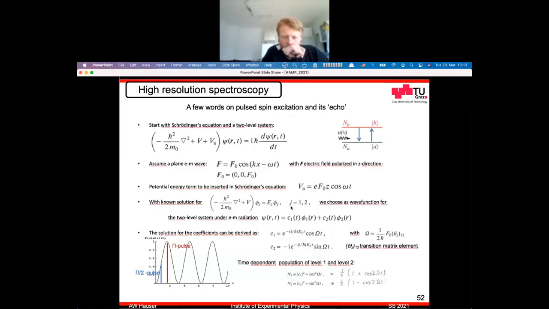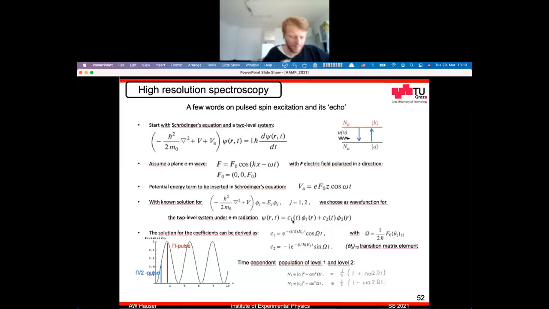And what you can see is that your solution for the wave function of this two-level system is a linear combination of your two solutions for the upper and the lower state with prefactors that are a function of time. It makes sense. There's something going on, upper state, lower state, and again.